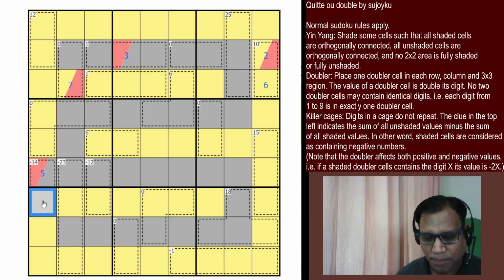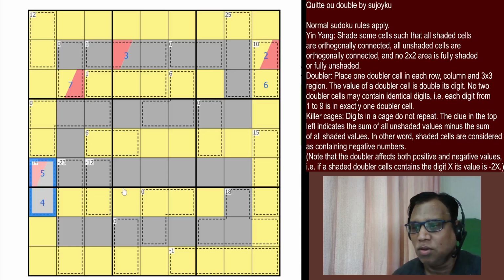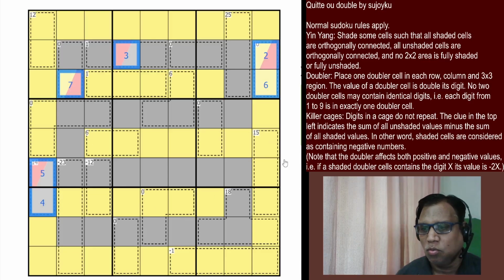That means this must be 4, so negative 10 plus negative 4 becomes negative 14. So that's how this puzzle works. Those are the rules. While reading, it looks quite difficult to understand, but it's actually not that difficult once you put some examples and get your head around it.